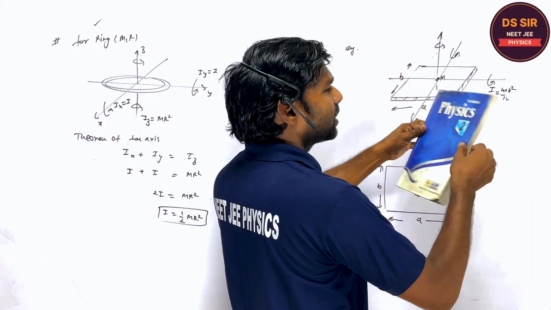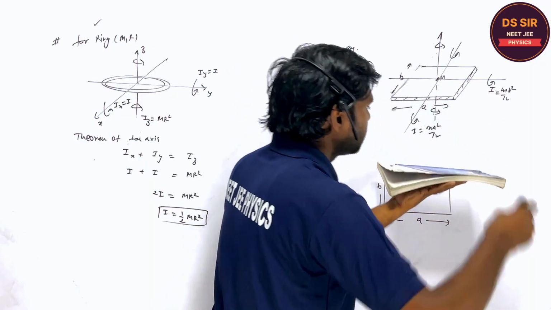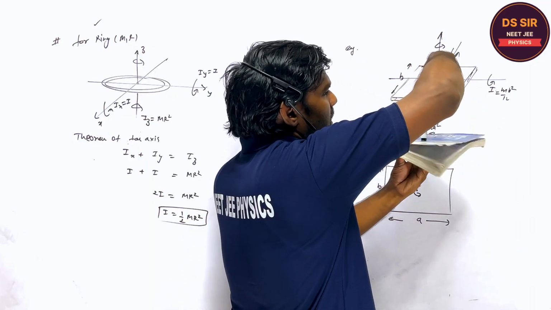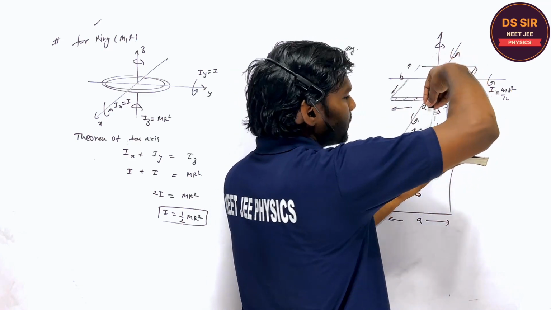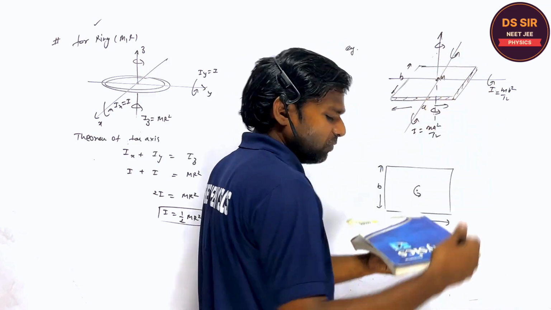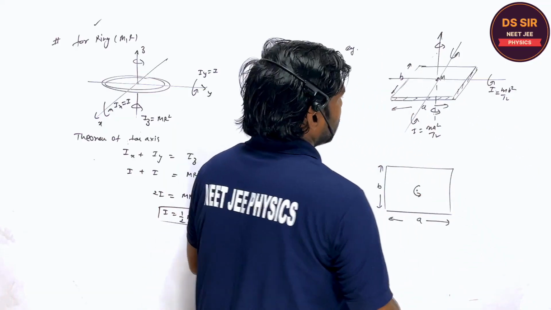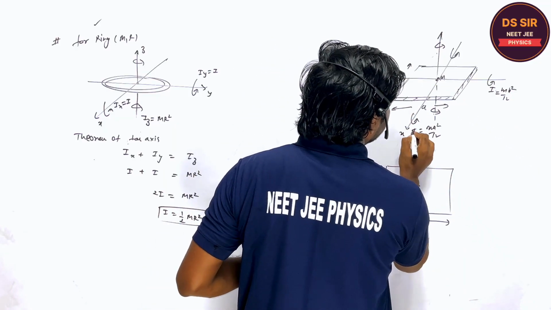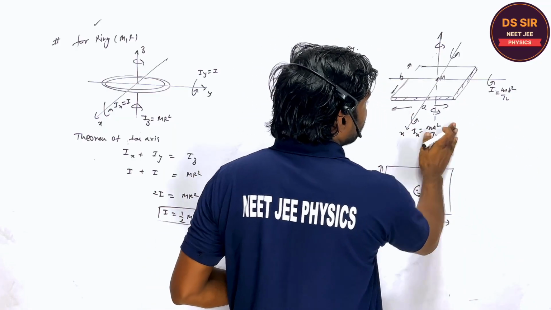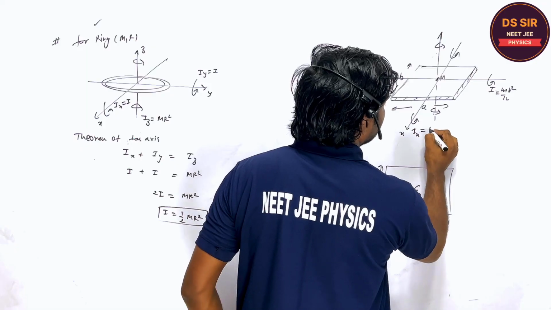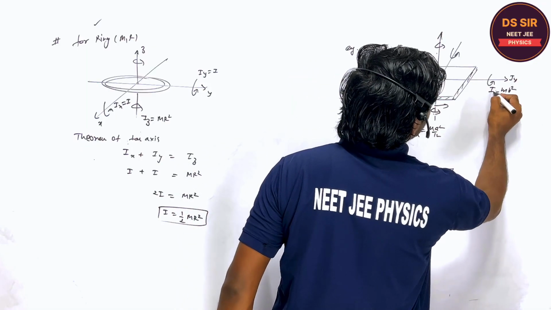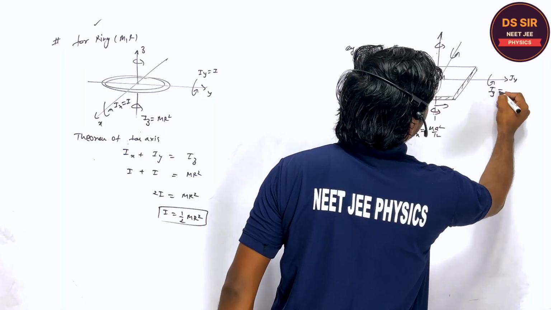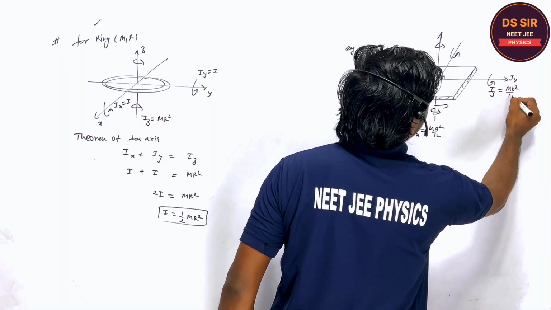Now, the axis of rotation is perpendicular to the plane and passing through its center of mass, and you have to find the moment of inertia. I assume this is the x-axis, so the moment of inertia about the x-axis is Ma square by 12. I assume this is the y-axis, and the moment of inertia about the y-axis is Mb square by 12.